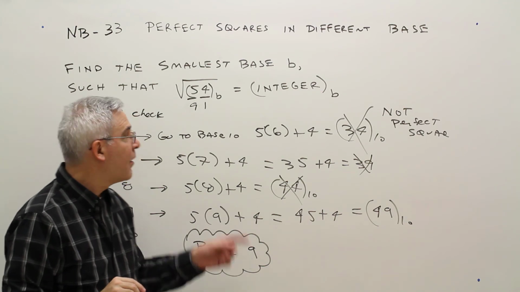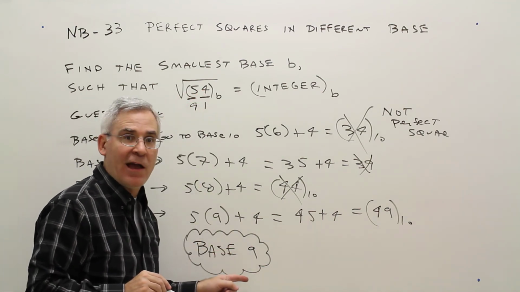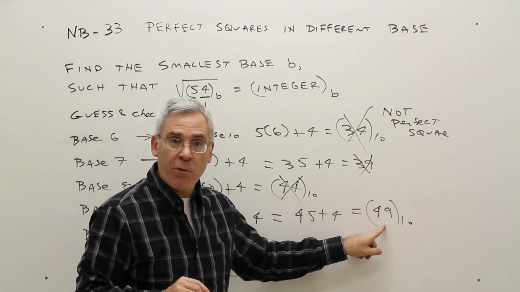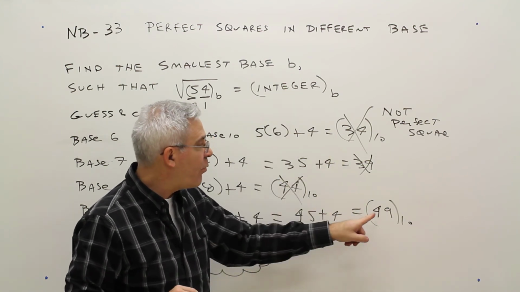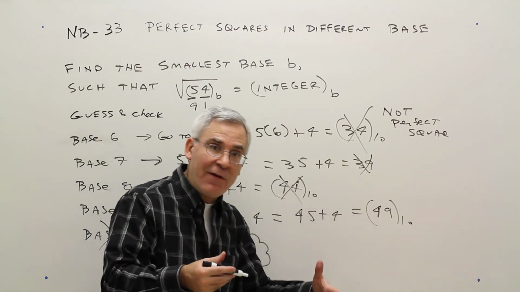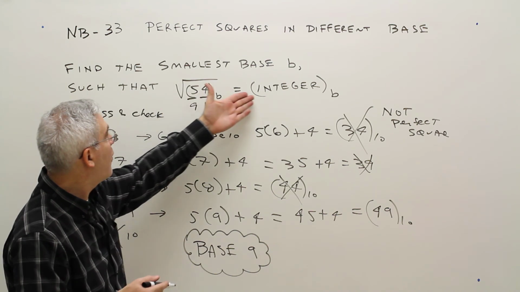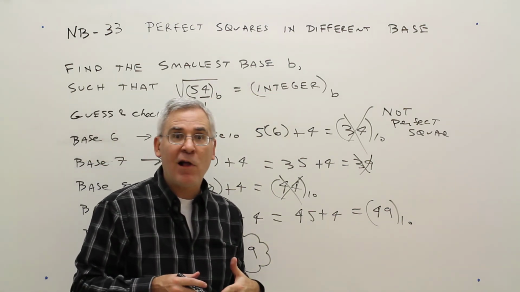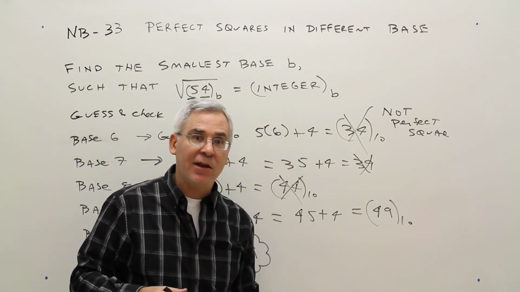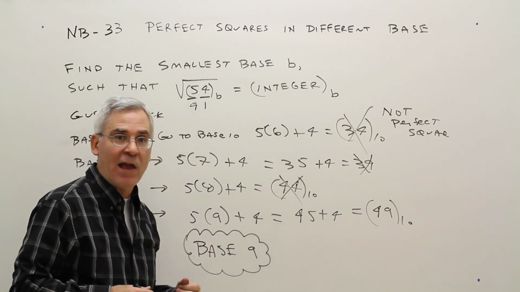So again, 54 base 9 is the equivalent of 49 base 10, and the square root of 49 in base 10 is 7, which is an integer, so the equivalent base 9 result over here would also be an integer. So the answer is base 9.